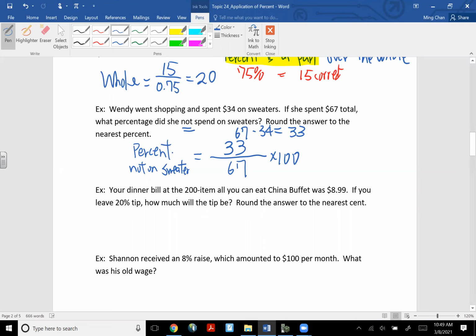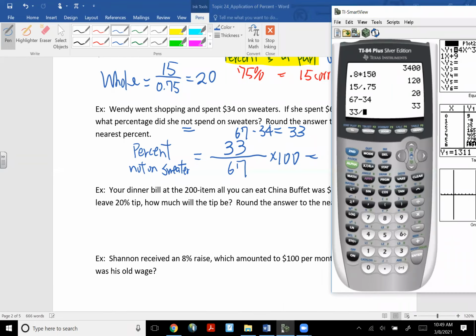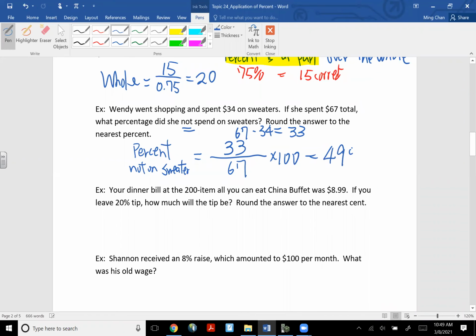One is in terms of percentage, one is in terms of dollar signs. All right, round the answer to the nearest percent. So 33 divided by 67 times 100. If I round to the nearest percent or nearest whole number, that would be about 49%. 49% not spent on sweater.